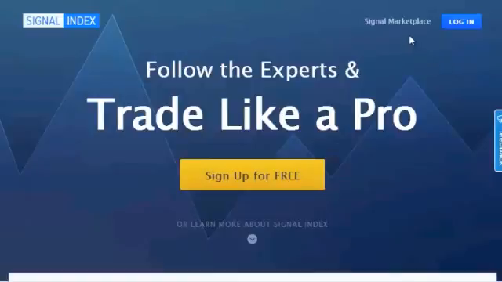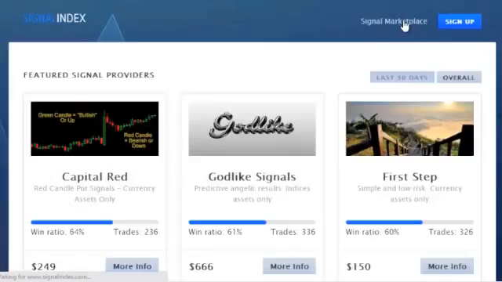Okay, so let's go into the Signal marketplace. Now, the nice thing too is if you want to take a look at the signal providers, you don't need to provide them with an email and sign up to their service. You can first look at them. Unlike with Signal Push, where you have to give them your information to look what's inside.